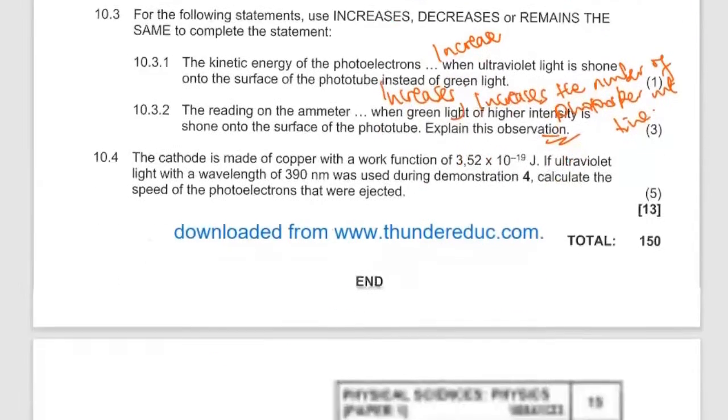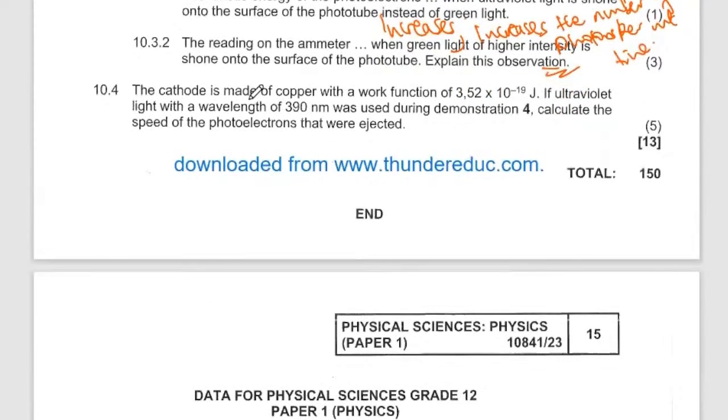Then 10.4, they're telling us that the cathode is made of copper with a work function W naught of 3.52 times 10 to the negative 19 joules. If ultraviolet with a wavelength of 390 times 10 to the negative 9 meters was used during the demonstration, calculate the speed.